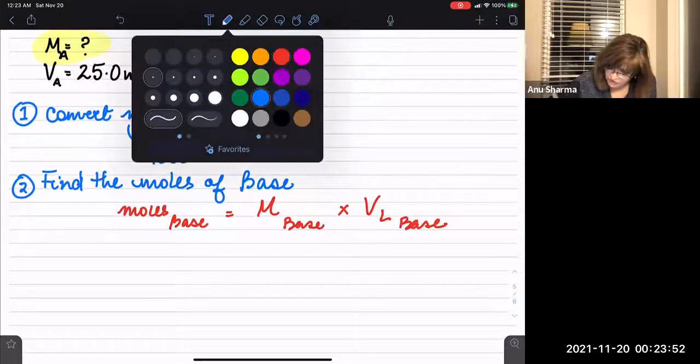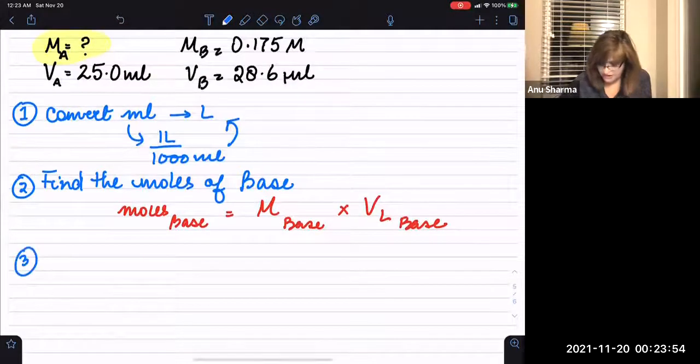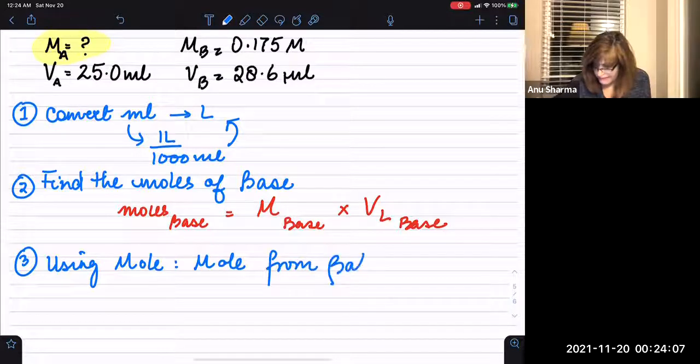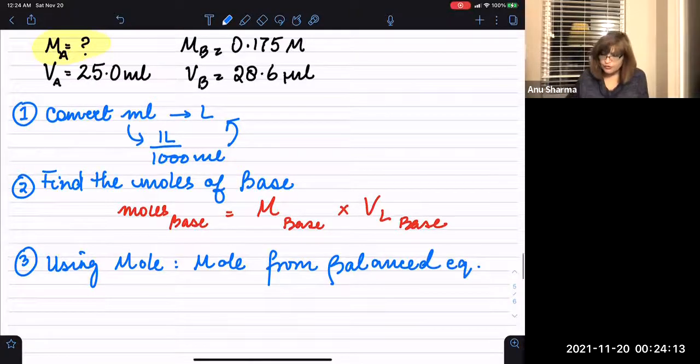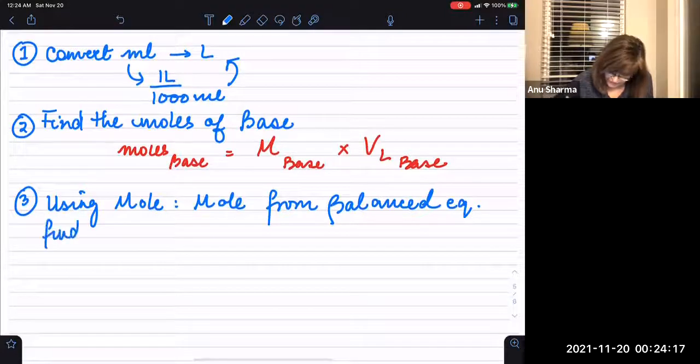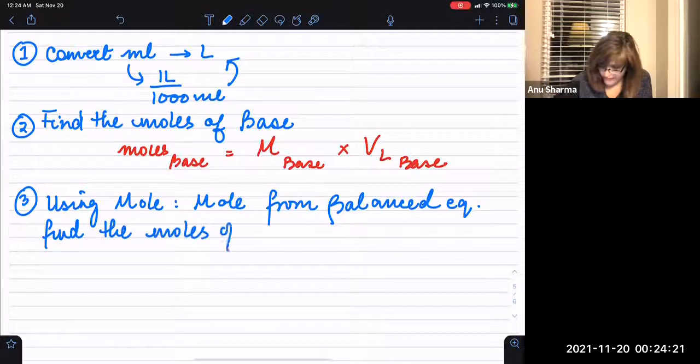Next you're going to write here, then using mole to mole ratio from balanced equation, find the moles of acid.